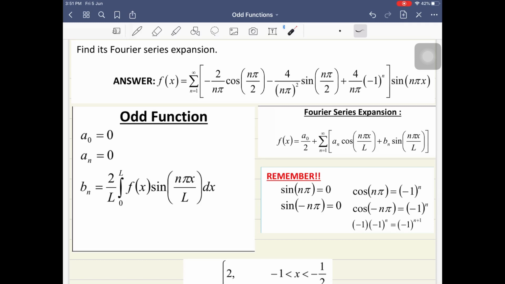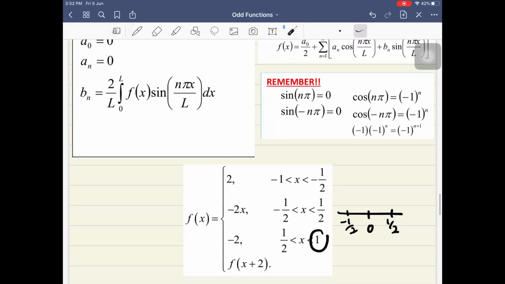Now you already have your A naught equals to 0, your An equals to 0, and you already calculated your Bn. So you can substitute into your Fx. This one is 0, this one is 0, so you are left with this one.